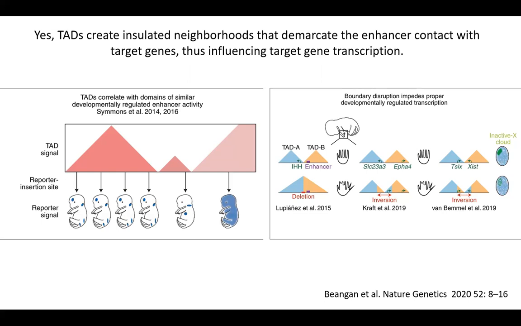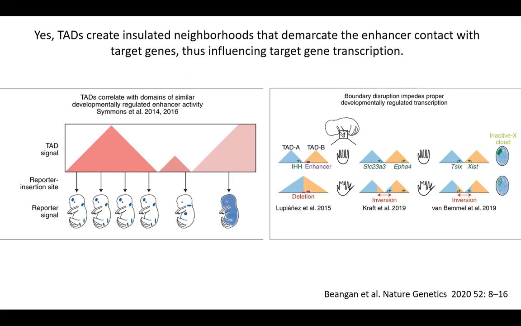Also, there have been a series of studies that disrupted the chromatin structure in many different ways. Here are only three of them, but there are many more studies. Either they deleted certain regions that demarcate the boundaries. What people have found is that the mechanism that creates these boundaries tends to be associated with a certain protein called CTCF.